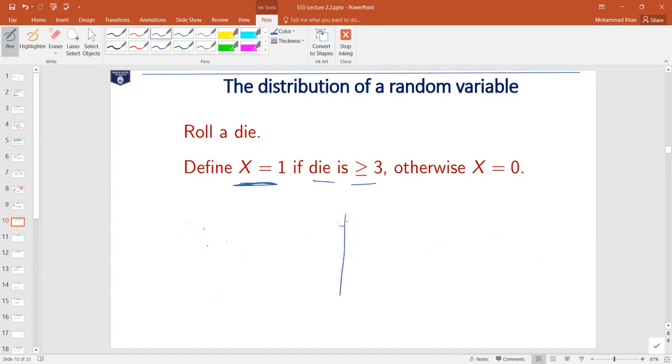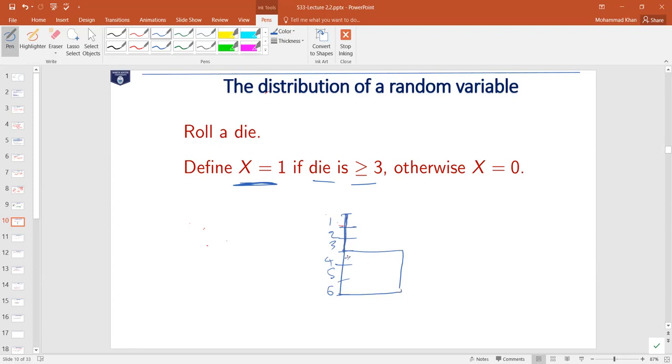That means like that: 1, 2, 3, 4, 5, 6. Now X equals 1 if the die is greater than or equal to 3. Otherwise, it's 0.